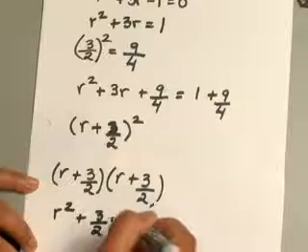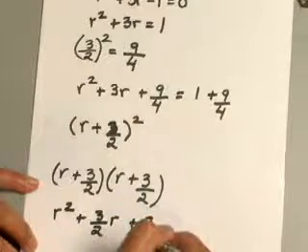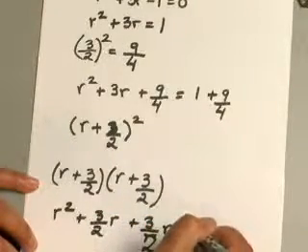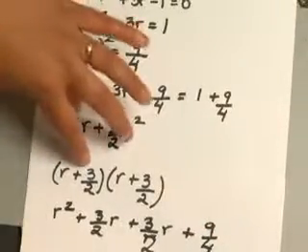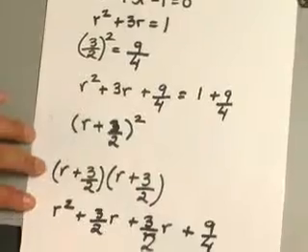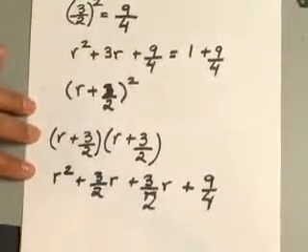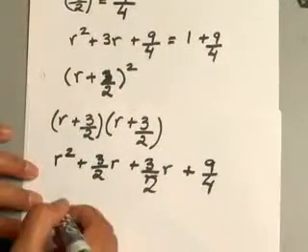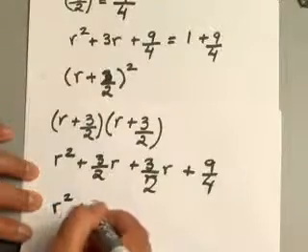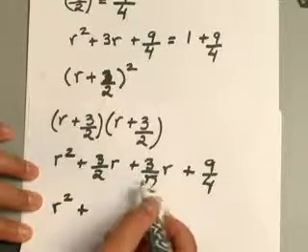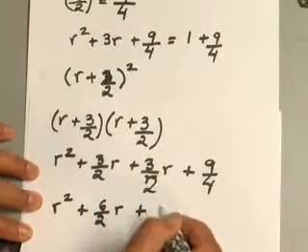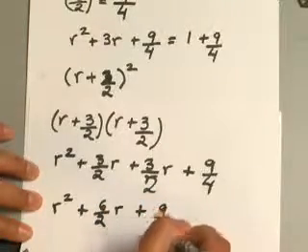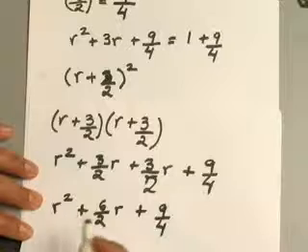So you will end up with r squared plus 3/2 r plus 3/2 r plus 9 over 4. 3/2 times 3/2 will give you 9 over 4. Okay, now combine your middle terms. So that will give you 3/2 plus 3/2 will give you 6/2.